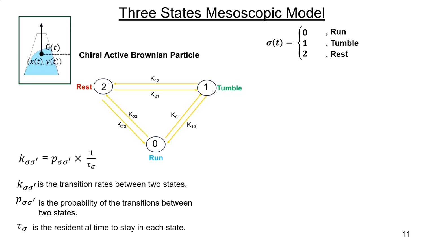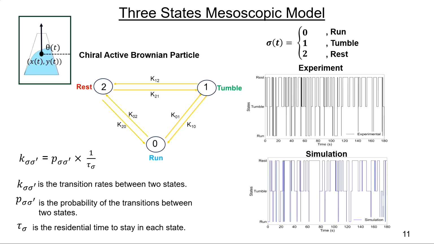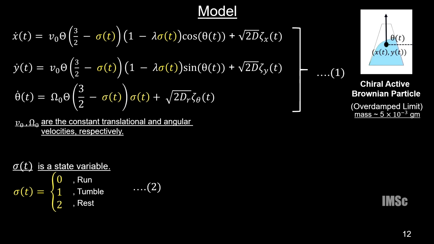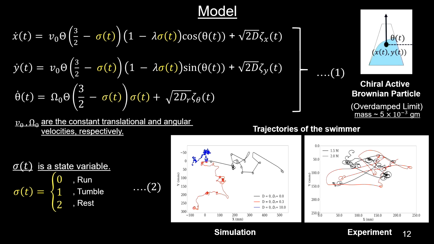Then we put this transition rate into the Gillespie algorithm, and we produce the new state from the simulation. And these states we used in the overdamped Langevin equation, and depending on the sigma value, it will show different state motion, and these are the corresponding trajectories.